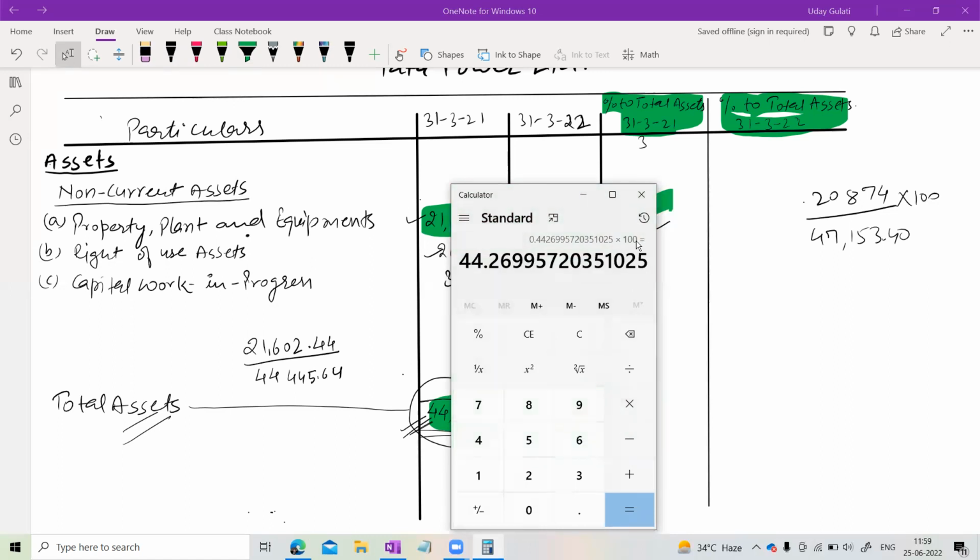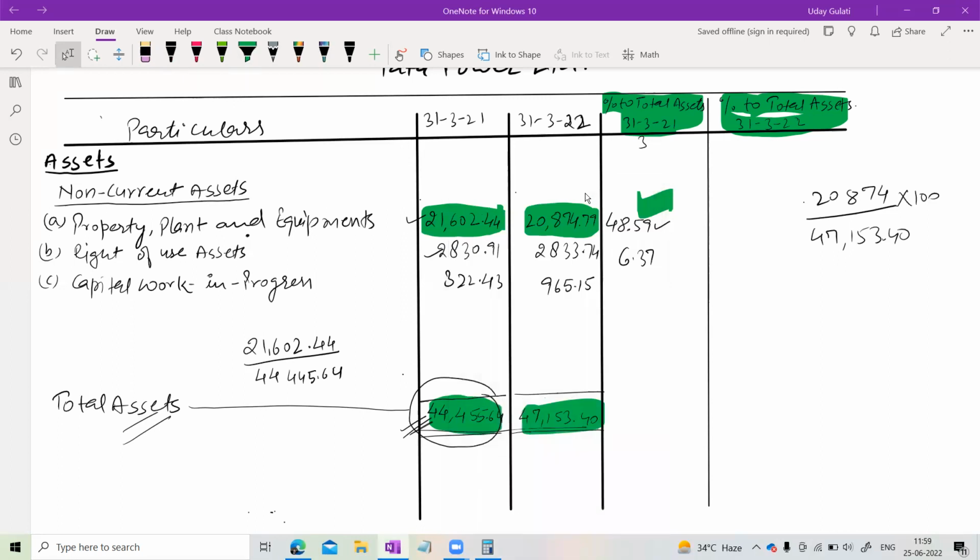That is correct up to 2 decimal places, right? 44.27.